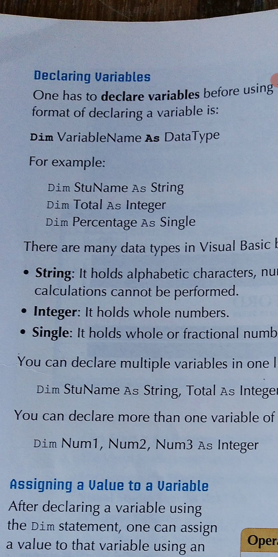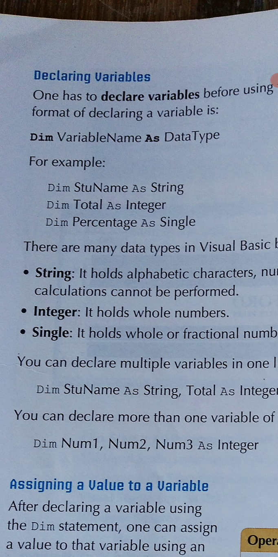Then Dim total: you write the total marks in 6 or 7 subjects, whatever total marks you have got, as integer. And the third one, Dim percentage as single. You take out the percentage from the total marks and give percentage as single.